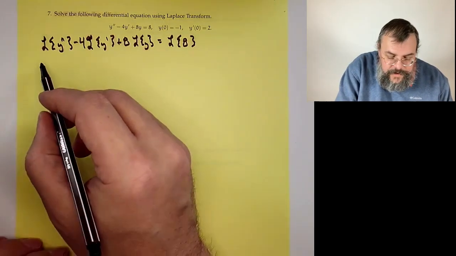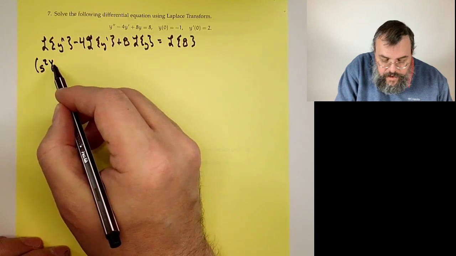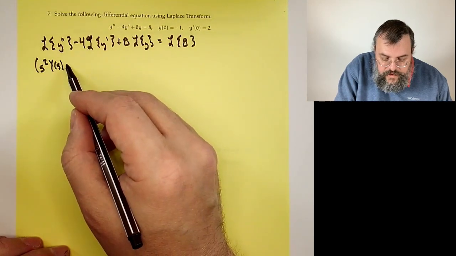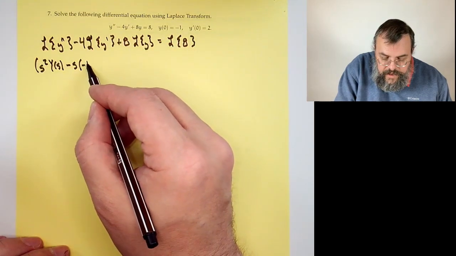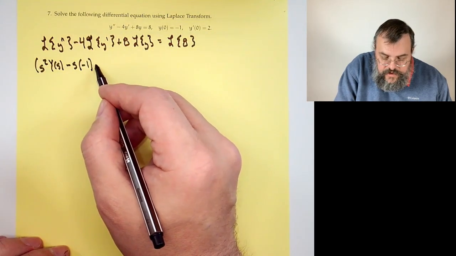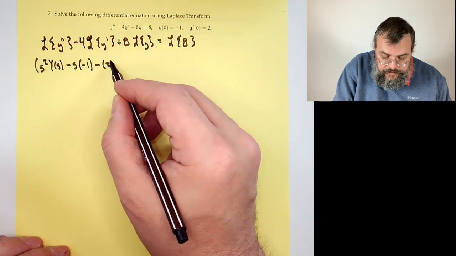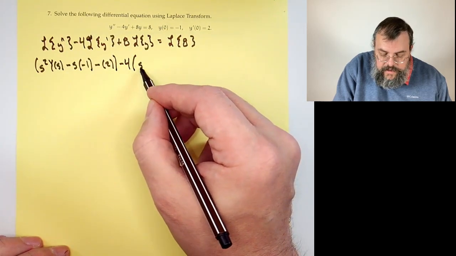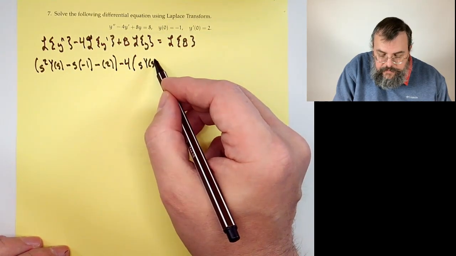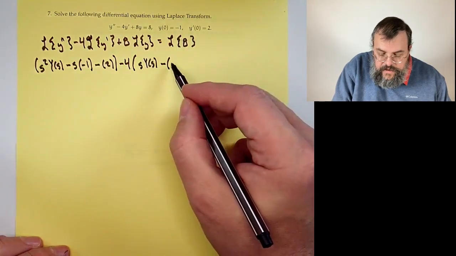So this first piece becomes s squared y of s, subtract s times what happens at 0, minus 1, and then subtract what happens to the derivative at 0, which is 2. Minus 4 times s y of s, subtract what happens at 0, which is minus 1.